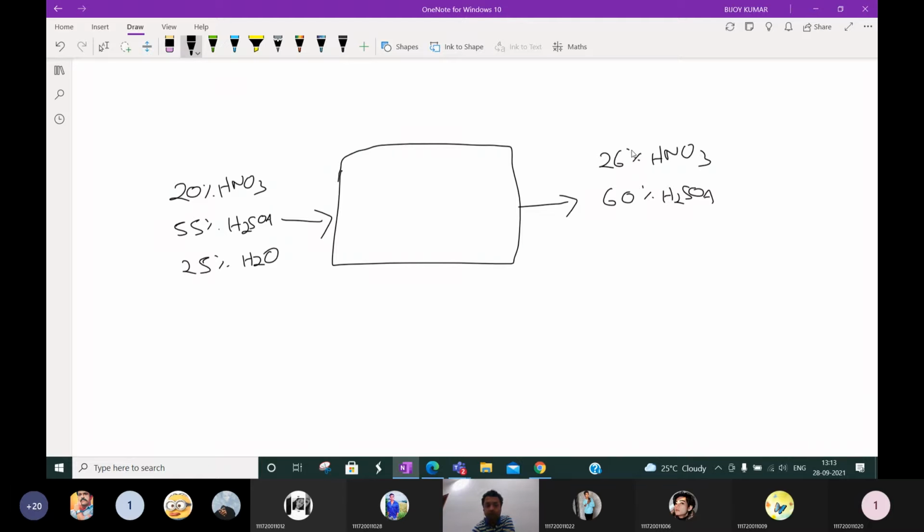How to convert it? For this conversion, we have to mix a pure H2SO4 stream having 98% H2SO4 and another stream having 90% HNO3. This is the first composition, the waste acid, and we have to convert it to this form.